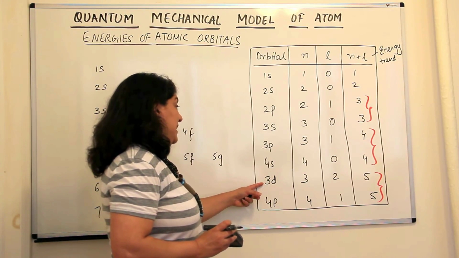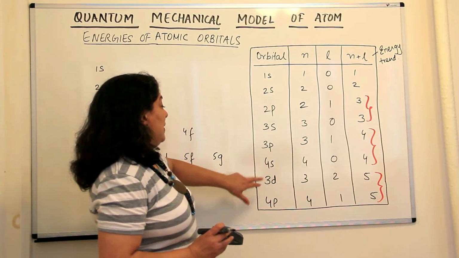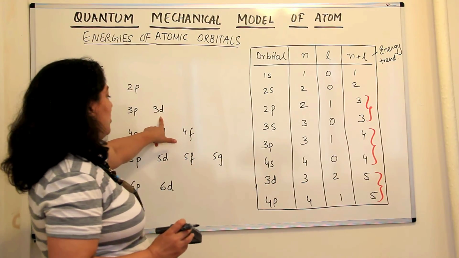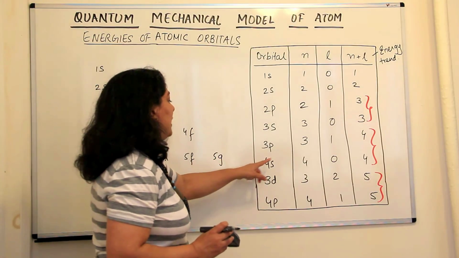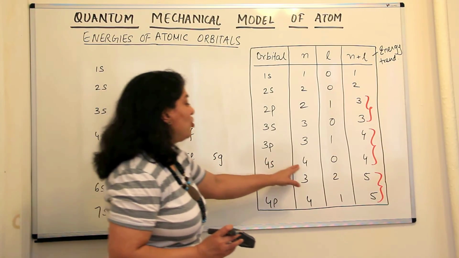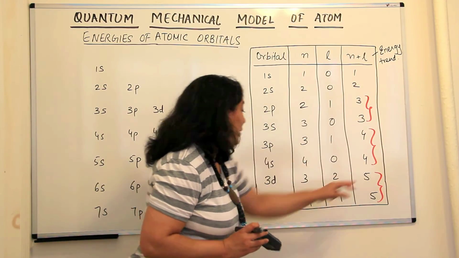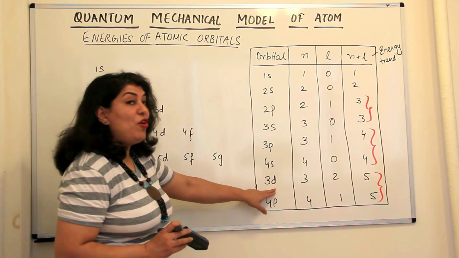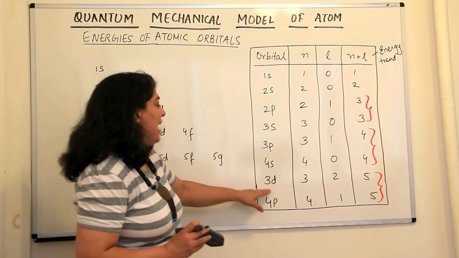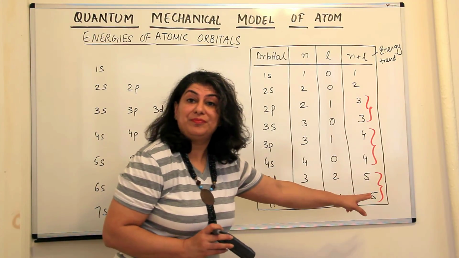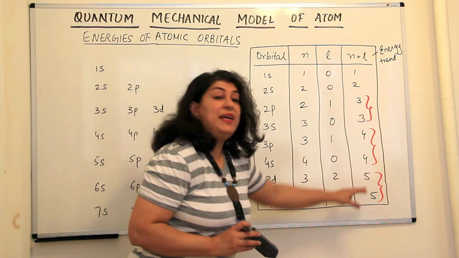Similarly, for 3d, take a look here. The third shell has d orbitals and the fourth shell has s orbitals. The s orbital of the fourth shell has an n plus l value of 4, but the d orbitals of the third shell have an n plus l value of 5.